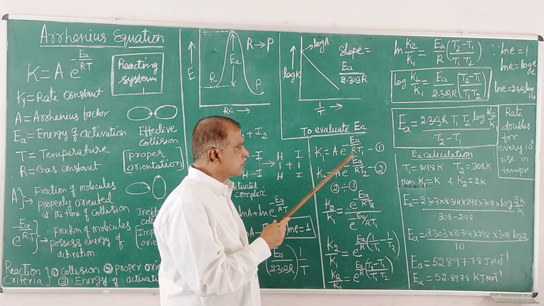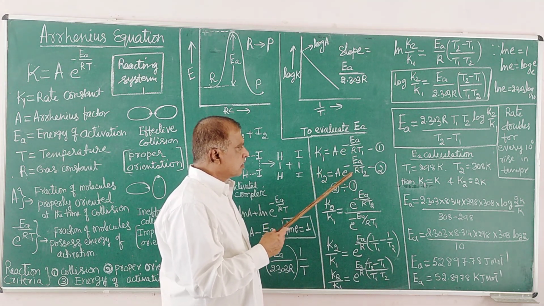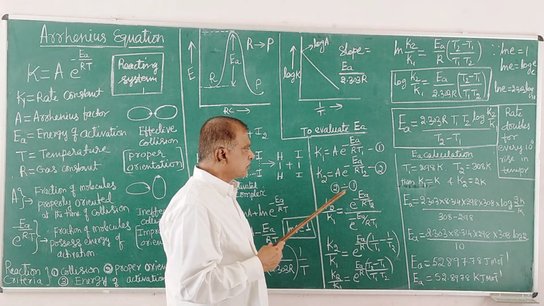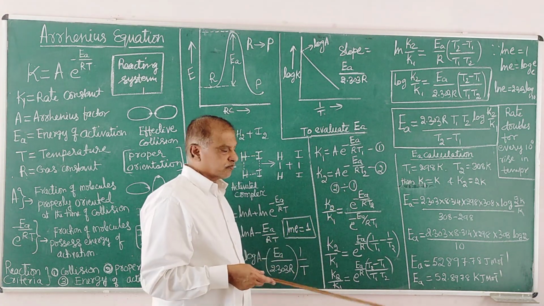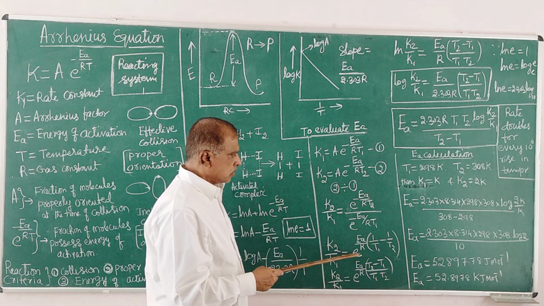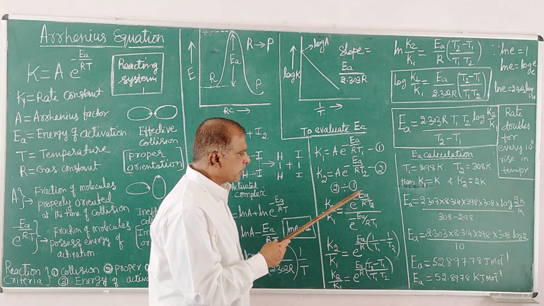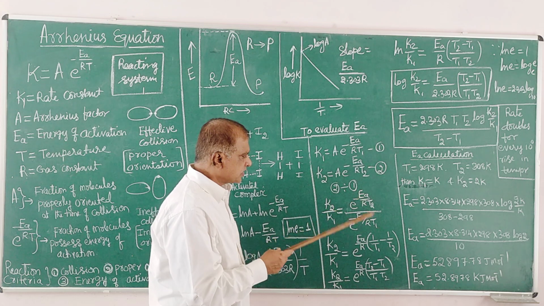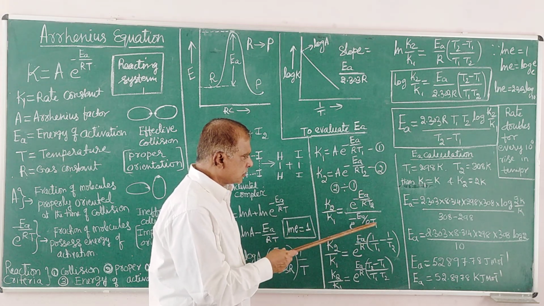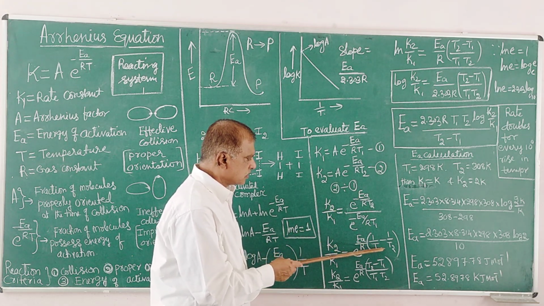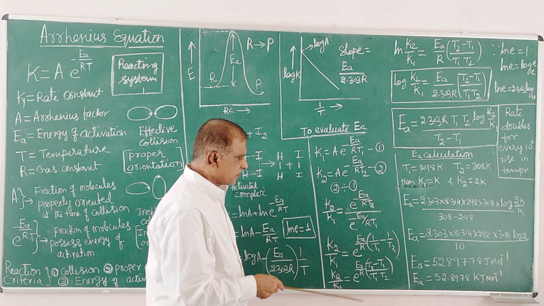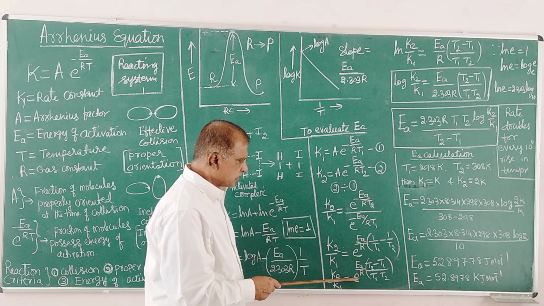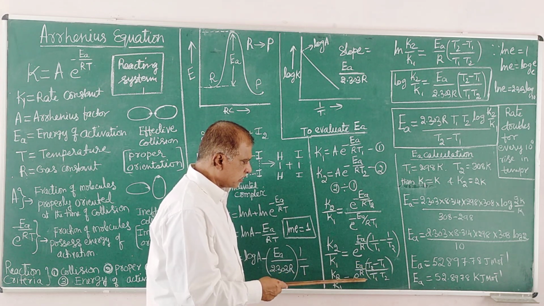Using the same Arrhenius equation as simultaneous equations, divide one by the other and simplify. Take it in the numerator; minus becomes plus. Take the common factor, Ea by R, the exponential factor, and taking the LCM, simplify.